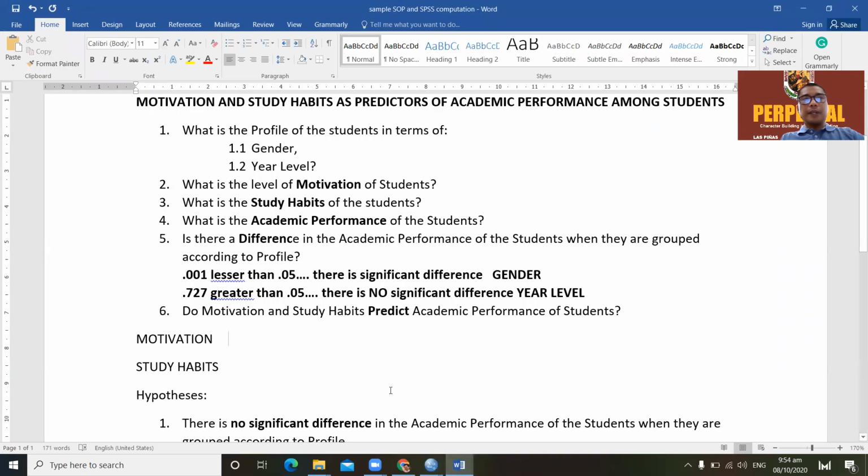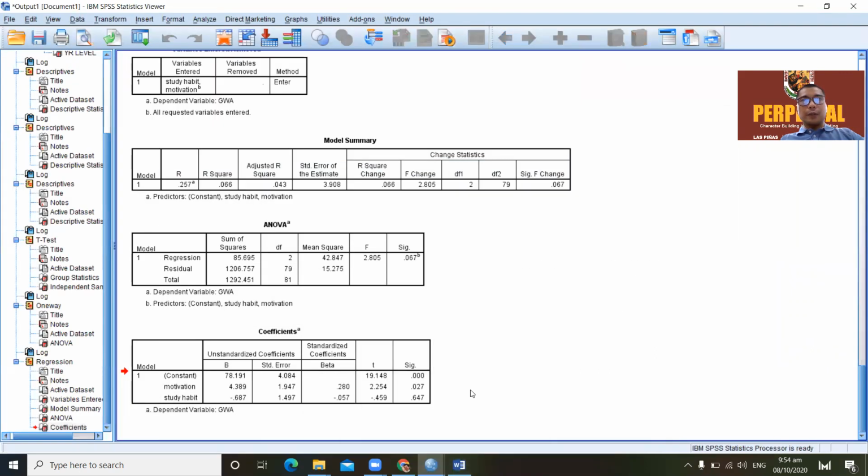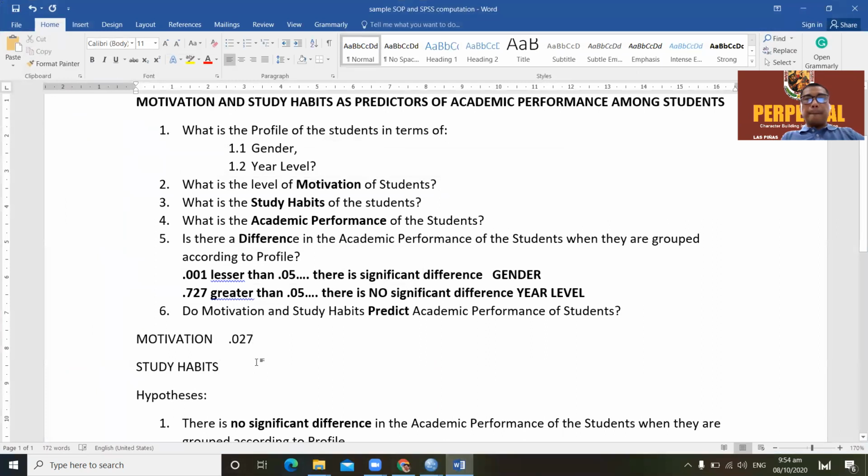Let's type it here. For study habits, let's go back. The result is 0.647. You compare this with 0.05. Definitely 0.027 is lesser than 0.05, while 0.647 is greater than 0.05.